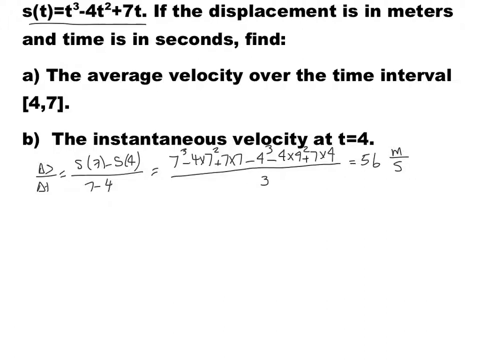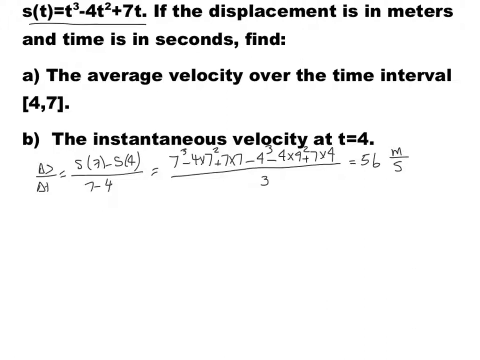Now the second part says find the instantaneous velocity at t is equal to 4. To find the instantaneous velocity, I'm going to use the difference quotient to find the limit when h goes to 0.